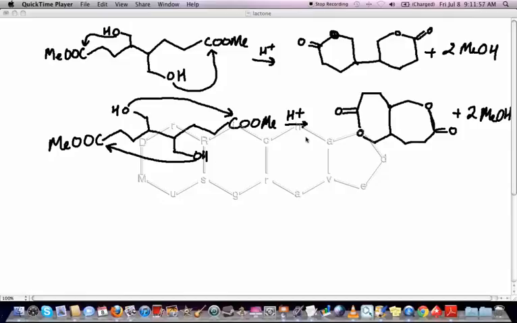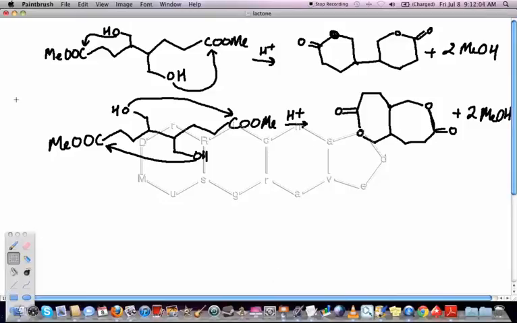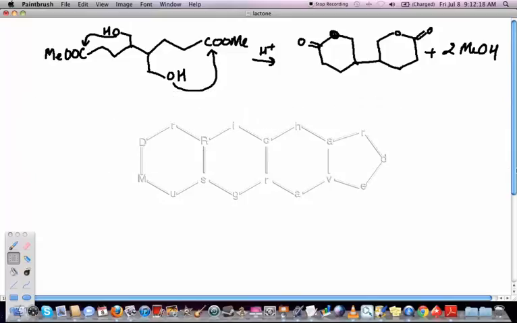Now what I'm going to do is handle the top one first. So I'm going to get rid of this other one. And I'll show you how the mechanism for this will go. Alright, so the first thing I will do is draw this out.